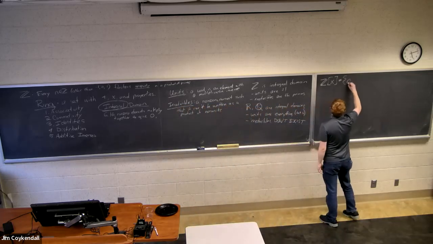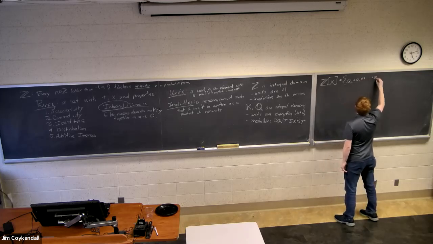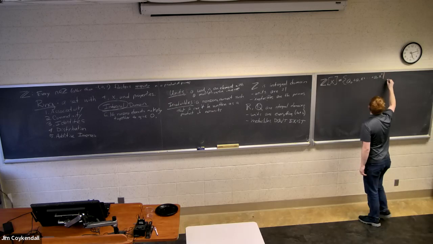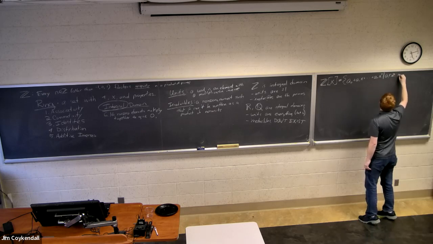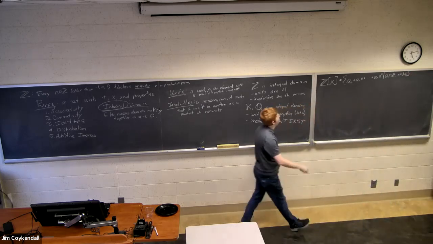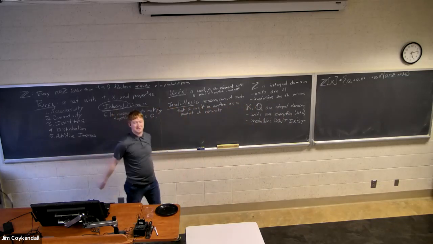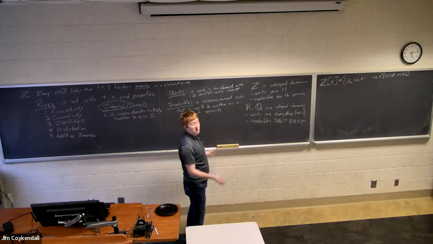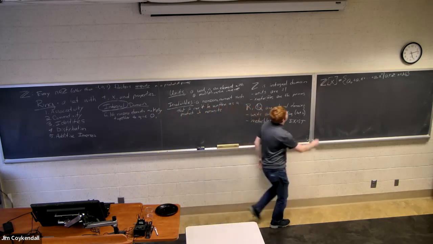This is the set of things that look like this, with coefficients integers, and n is a natural number. It's just a ring of polynomials. Polynomials that have coefficients in the integers. So again, we're working over something interesting because we don't have everything being a unit.